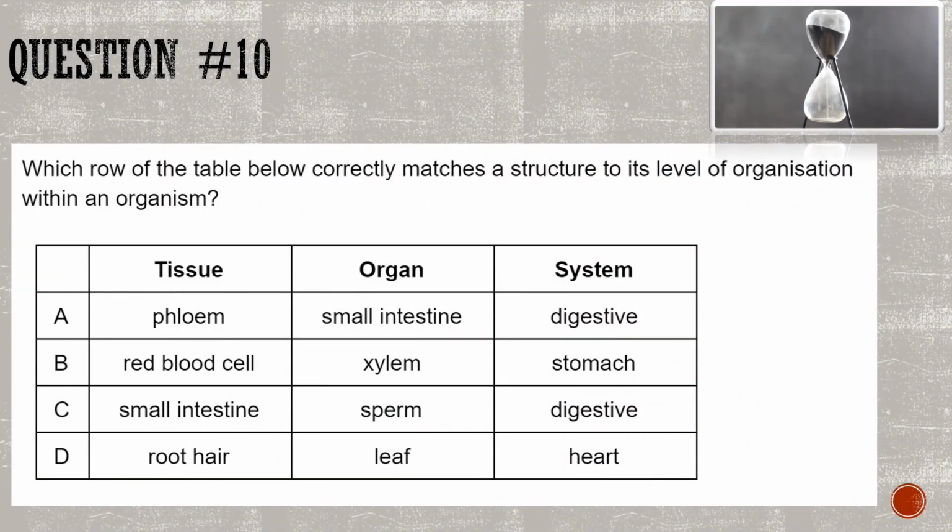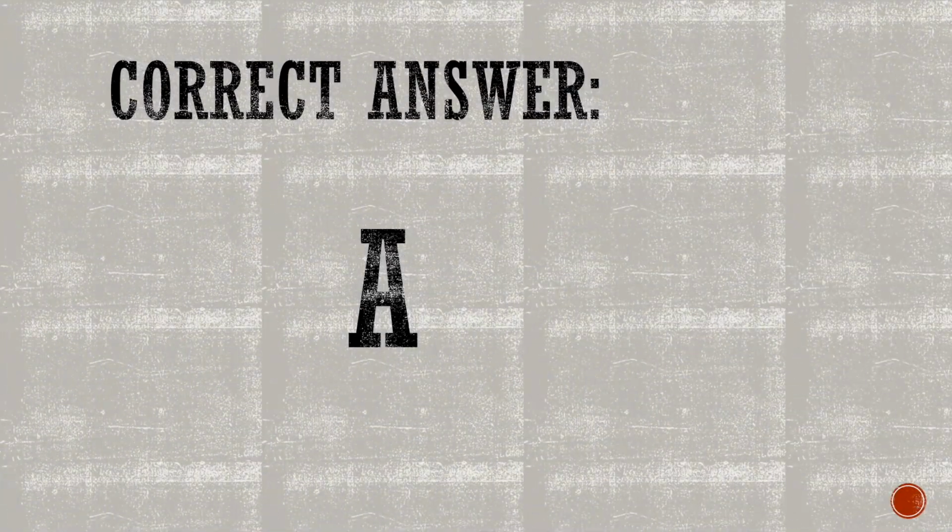Which row of the table below correctly matches a structure to its level of organization within an organism? The correct answer is A.